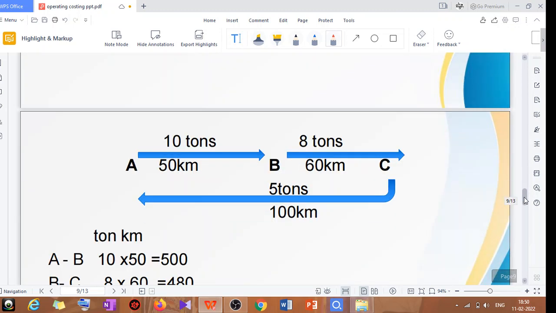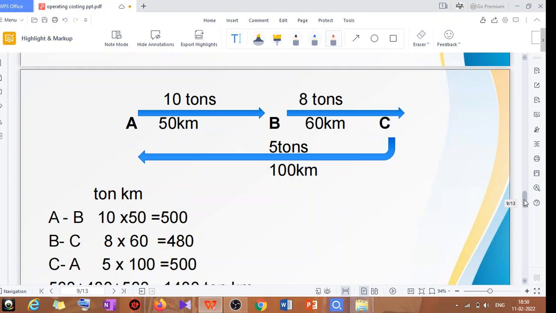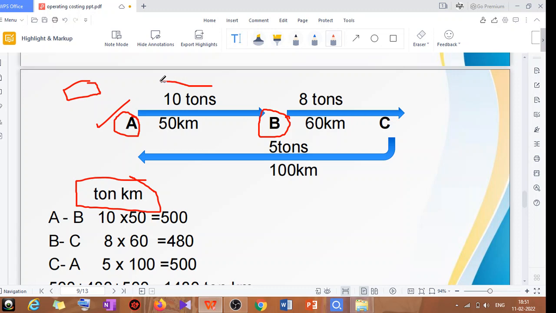Now, let us consider one example so that it will be clear to you. If I ask you how to calculate the ton kilometer. Assume the starting point is A. From A to B, think that you have one vehicle that carries 10 tons of goods.